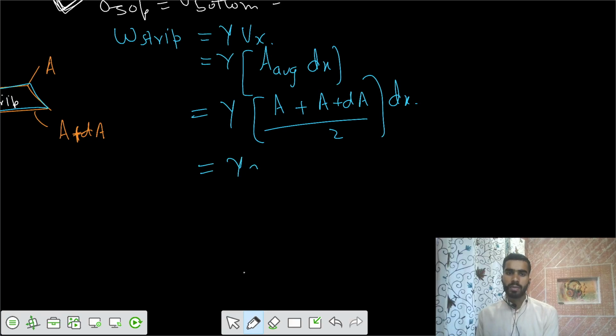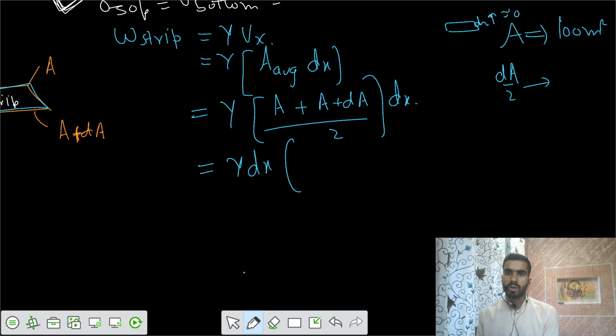So that is gamma times dx into, what is the value of dA by 2? Can we ignore it with respect to A? Let's say A would be some value like 100 meters square, and dx is very small, tending to 0, because you have to take an infinite number of strips.